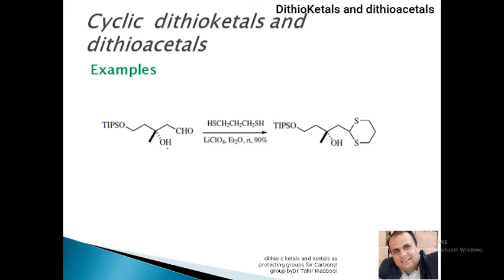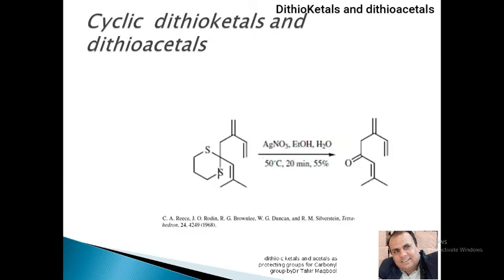Here is the example of formation of a dithioacetal. In this case, 1,3-dithiol is used in order to get this acetal, that is 6-membered. Here they use lithium chloride, diethyl ether, room temperature, and the product yield is 90%. Here is the reference if you want to see the complete paper.